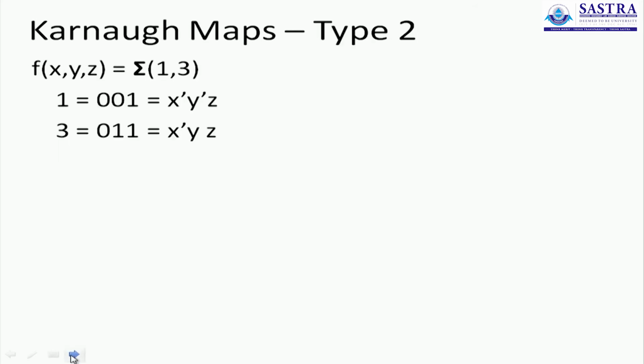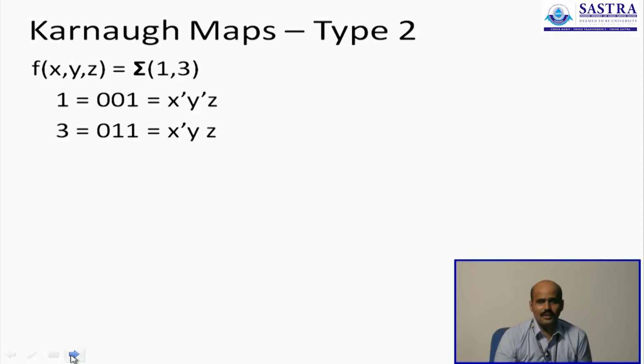Okay. The other set of questions which can be asked in the K-maps is, I don't give you the terms themselves, but I give their relative positions on the K-map table. I give their relative positions in terms of zeros and ones.